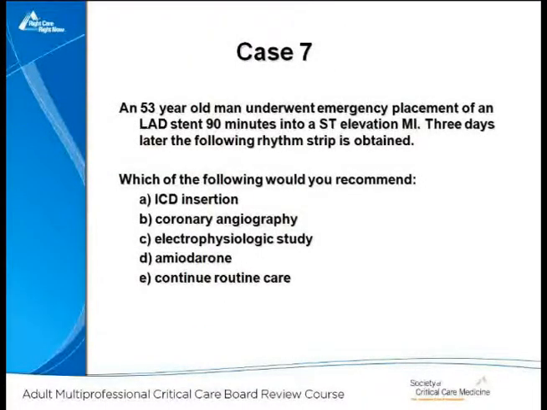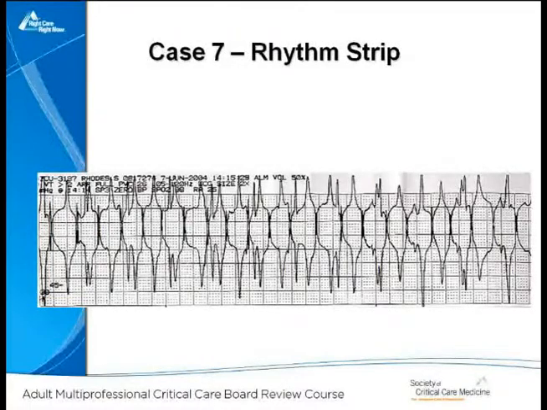Okay. A 53-year-old man underwent emergency placement of an LAD stent 90 minutes into an ST segment elevation MI. 3 days later, the following rhythm strip is obtained. And this is the rhythm strip.